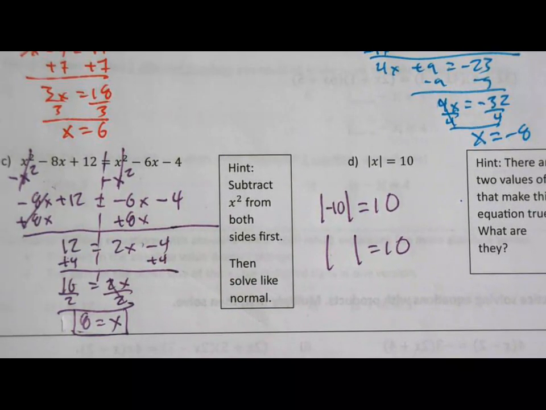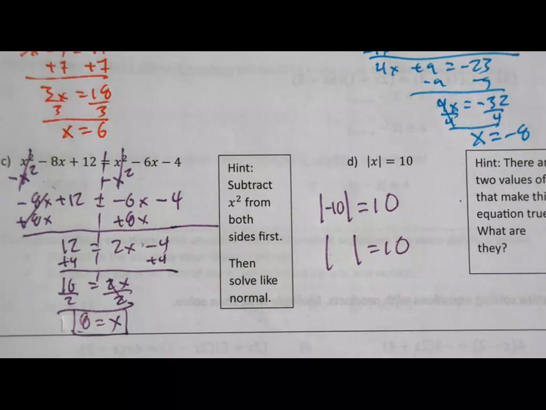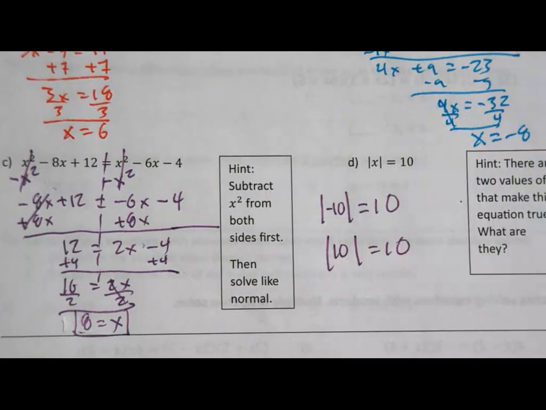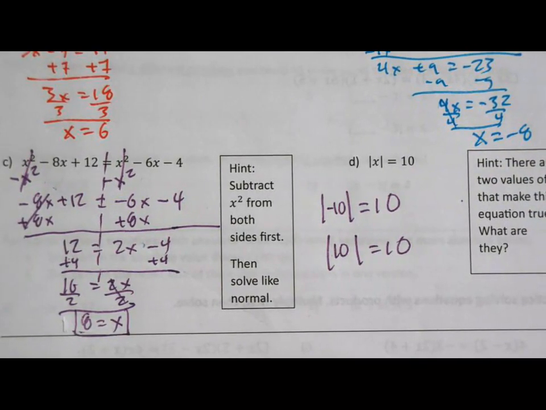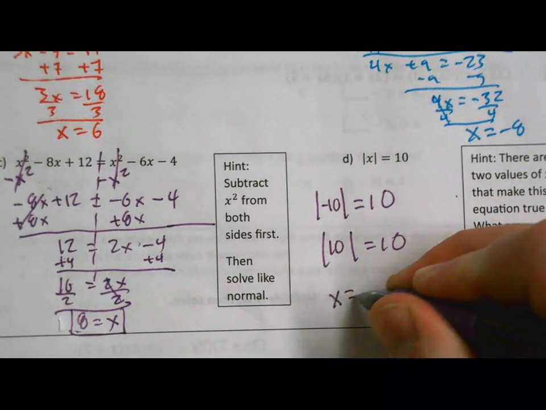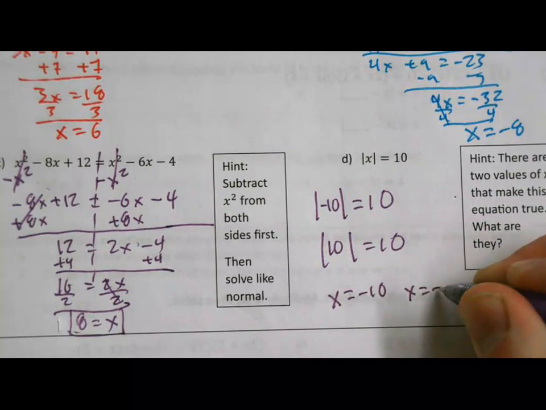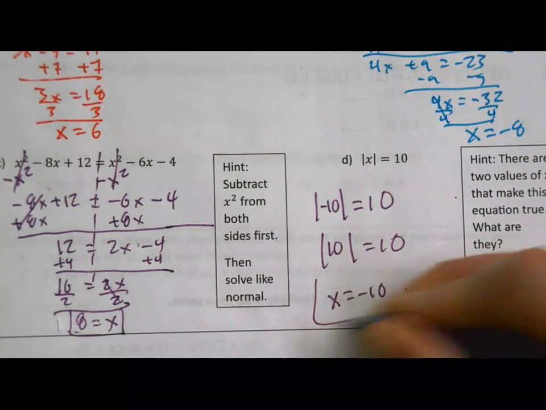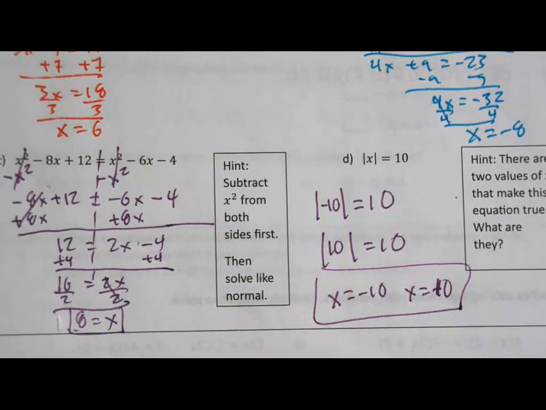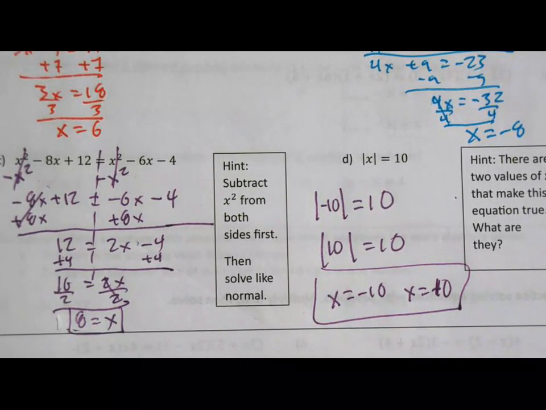What's the other number I can take an absolute value of and get a positive 10? 10. Yeah, the absolute value of a positive number is just the same number, right? So if I'm solving this, then my answer is x equals negative 10 and x equals 10. So we actually get 2 solutions for those. We're going to see some problems later on in the year where we have 2 solutions as well.